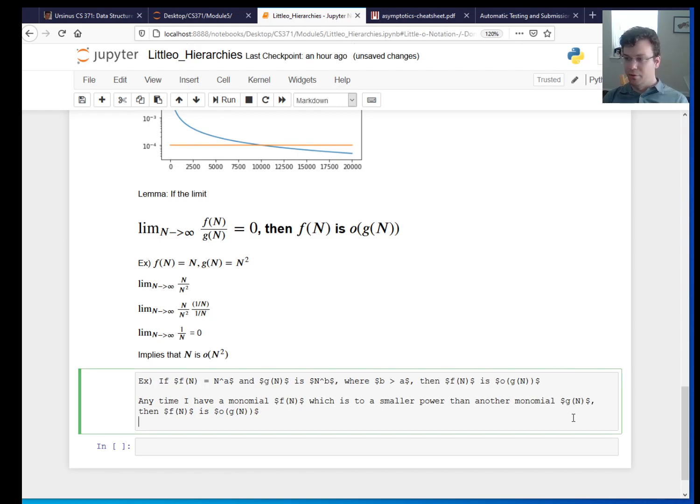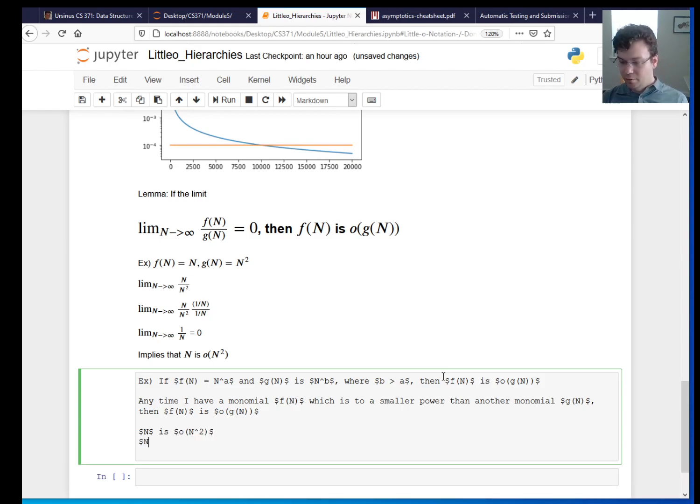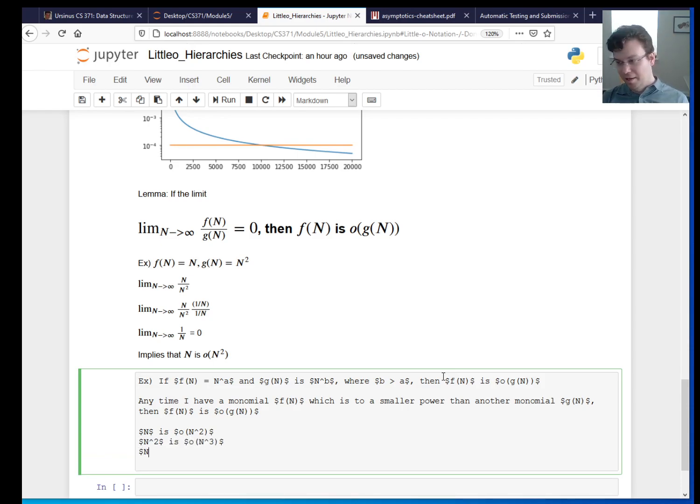Just some examples of this. This implies the above, so that n is little o of n squared. It also implies that n squared is little o of n cubed. It also implies that n is little o of n cubed.